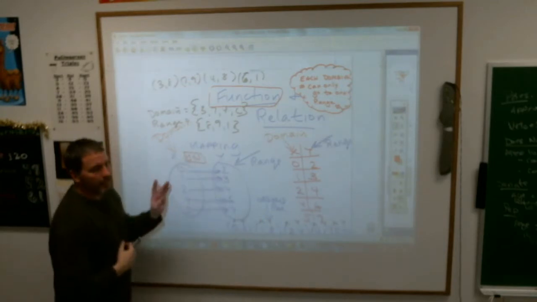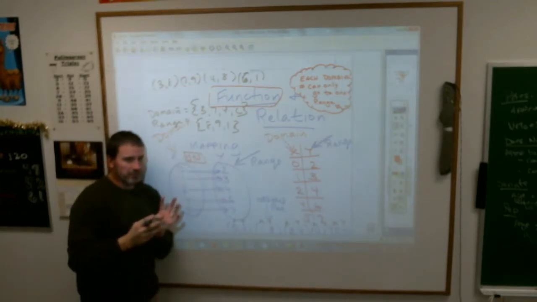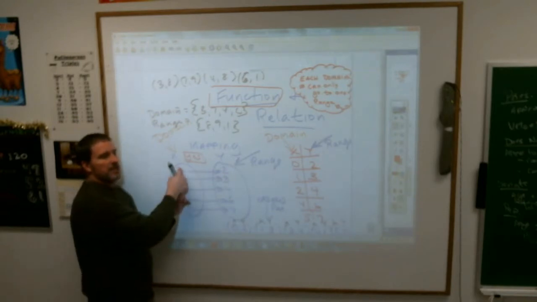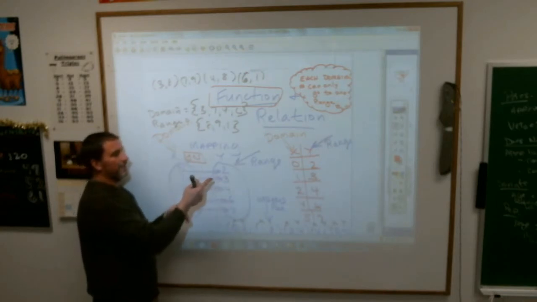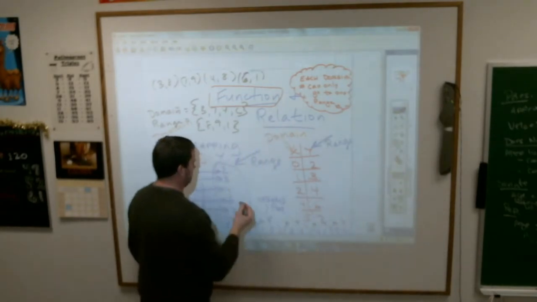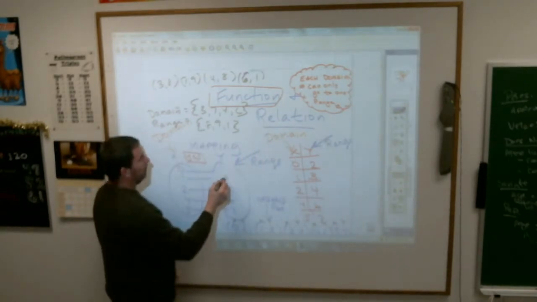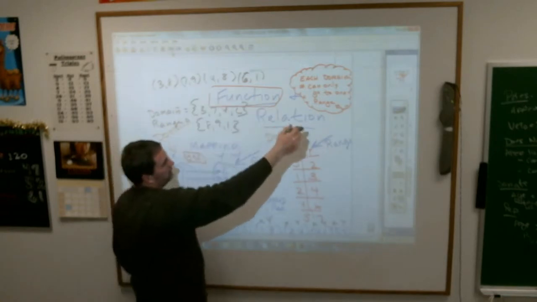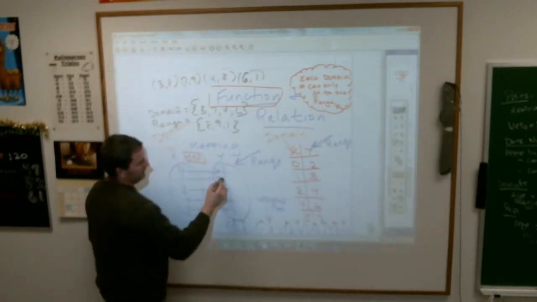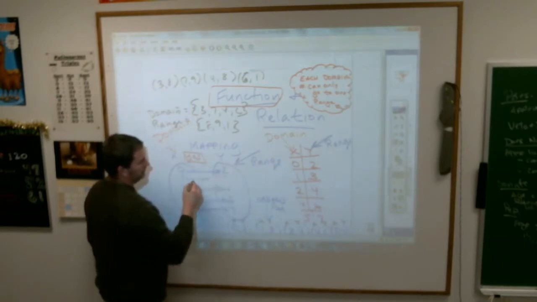Now, please understand this because this is where people get confused. You can have two different domains going to the same range. In other words, I could have this. Let me erase this. This could happen and still be a function.